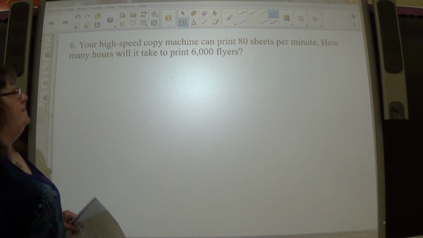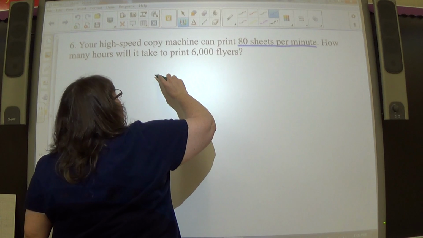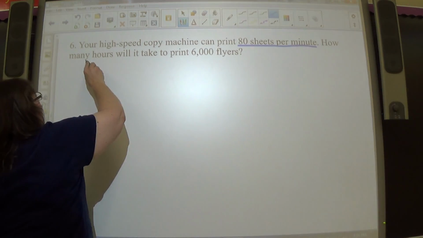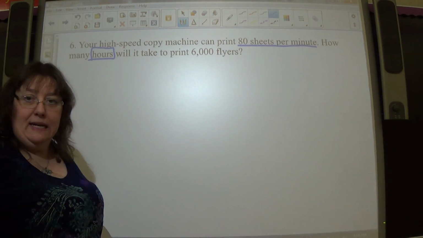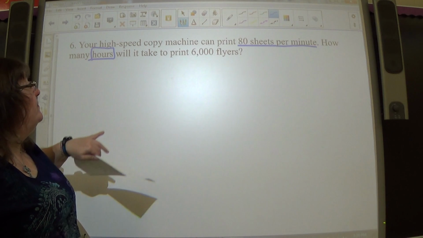High-speed copy machine. 80 sheets per minute, but they want it in hours. A lot of you were putting hours and minutes. Only hours. That's all they want. Okay?